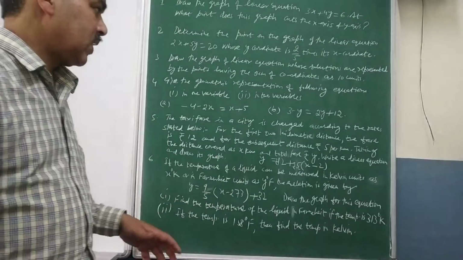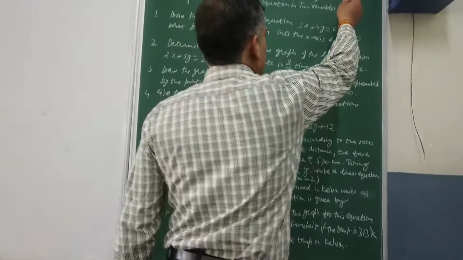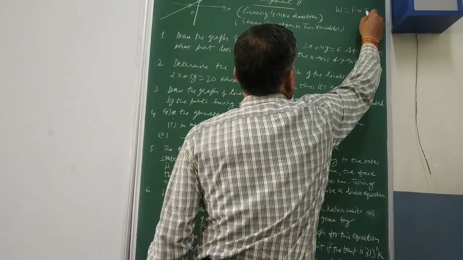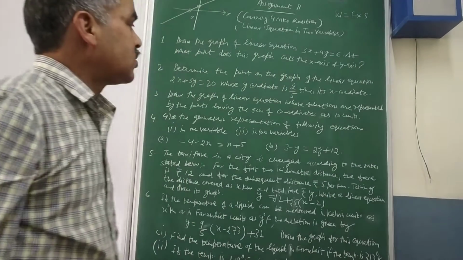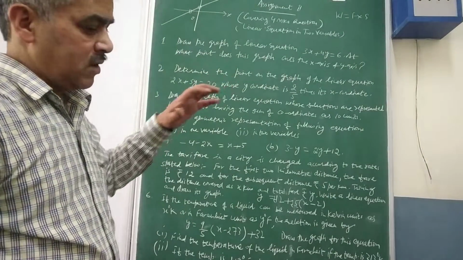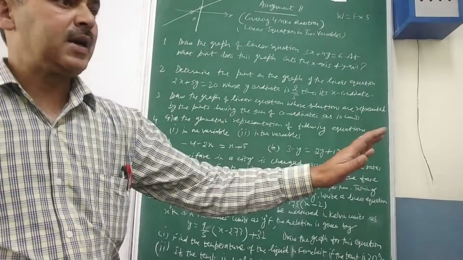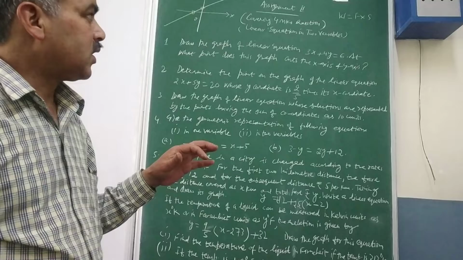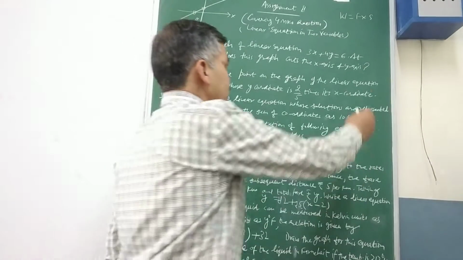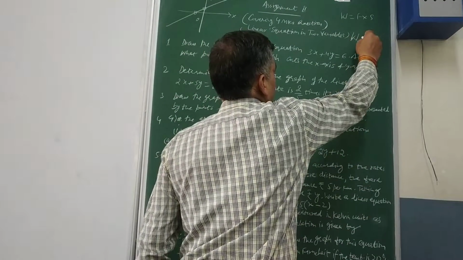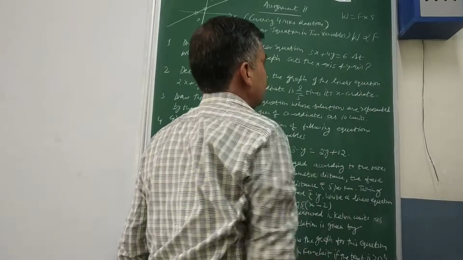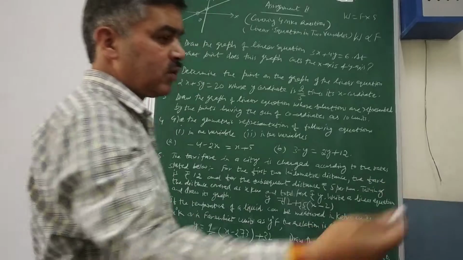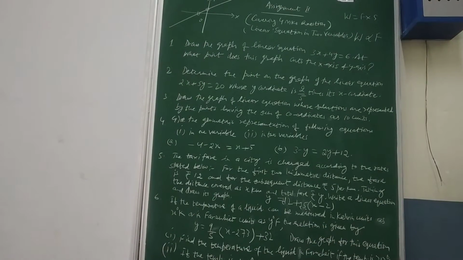So always remember the key idea that work done W is equal to F dot S, where the force is applied and the distance is displaced. Work is directly proportional to the force and to the distance. More will be the force, more will be the distance; less will be the force, less will be the distance.